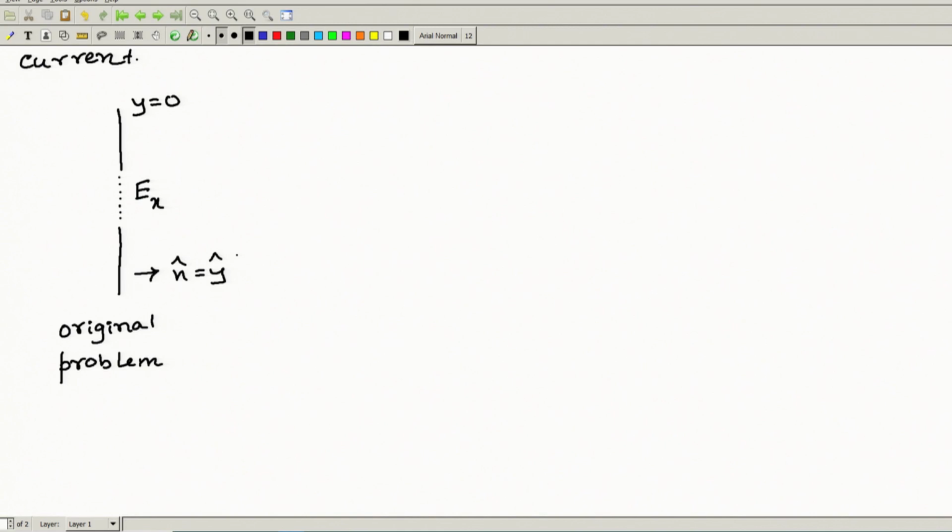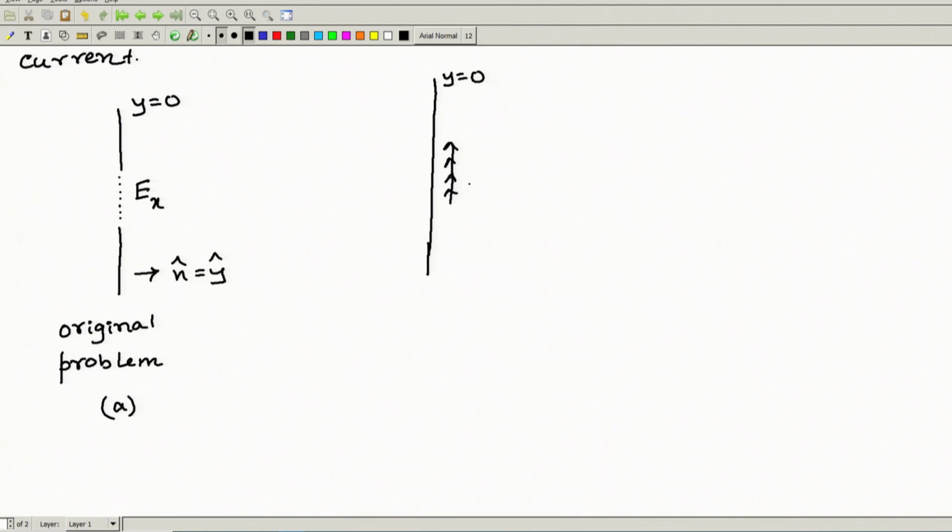Now, this original problem, by using the equivalence principle, we will replace the aperture by a patch of magnetic current. If this is A, this was our original problem. Now, we will replace the aperture by a patch of magnetic current. So now we have replaced this aperture by magnetic current.